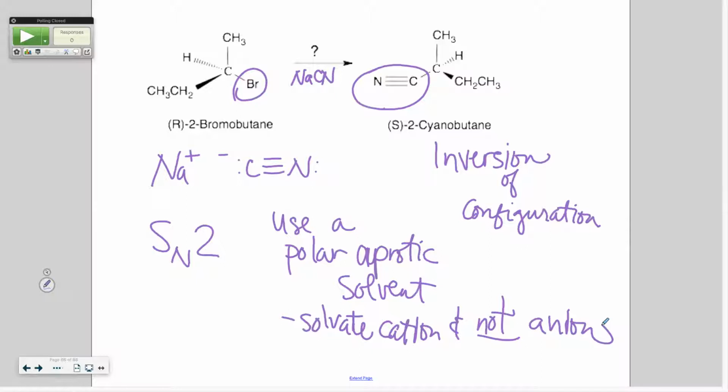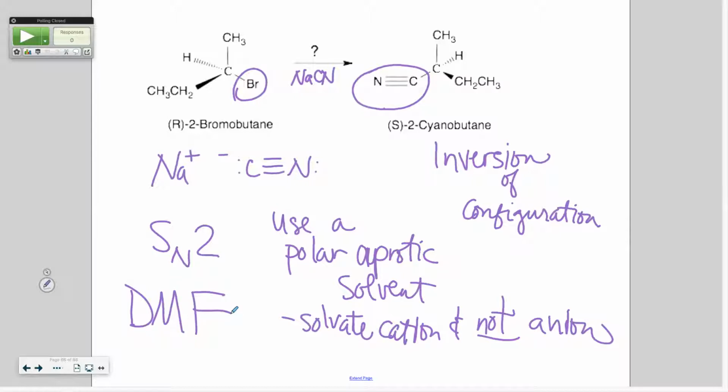It makes it more reactive because it doesn't have solvent around it, okay? So name me a polar aprotic solvent. This is like a major clue, y'all, the polar aprotic solvent. You have to learn it. Name me one. I gave you 3. All I'm asking for is 1. DMF. Okay.